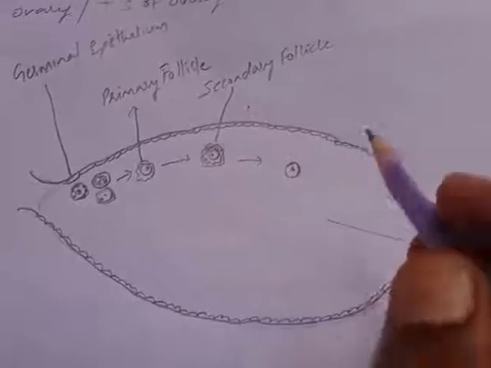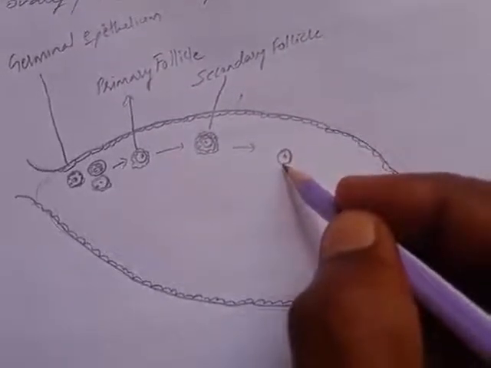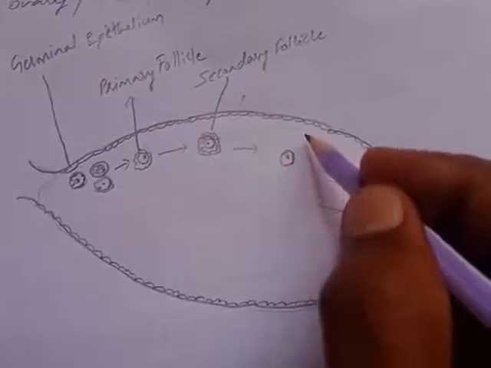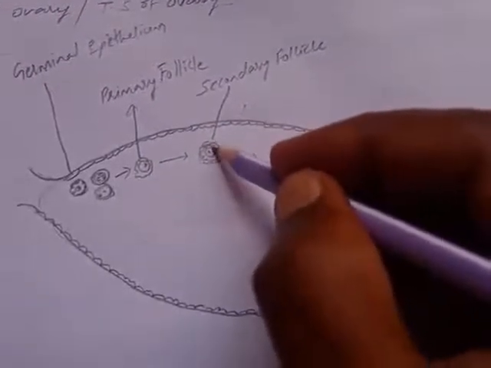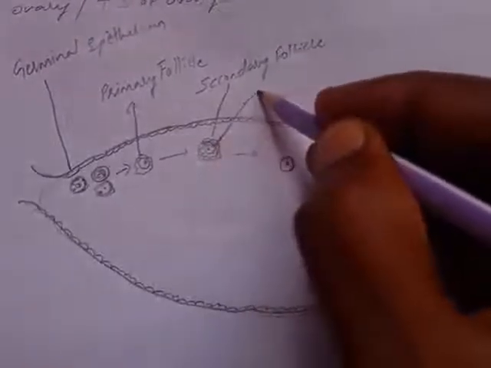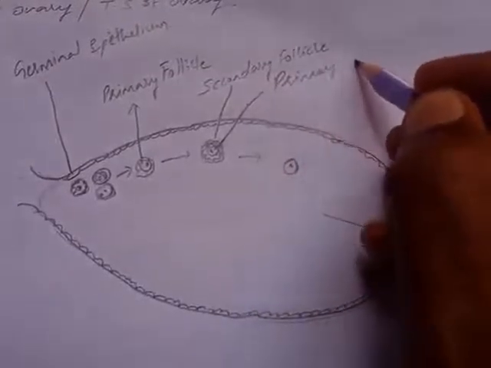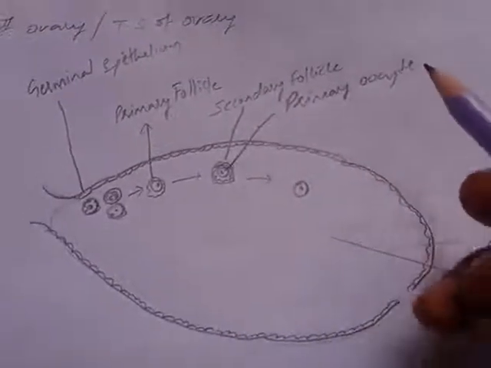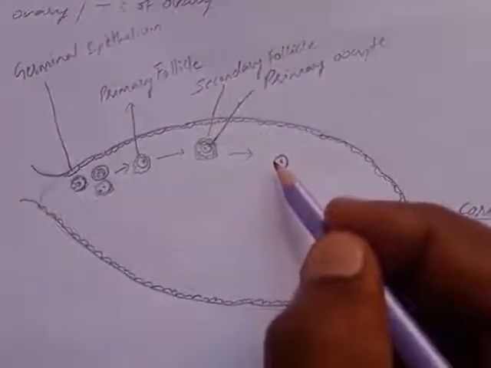I'll show here the secondary oocyte, because after meiosis I the secondary oocyte is formed, and the secondary follicle contains the primary oocyte. This is called the primary oocyte.